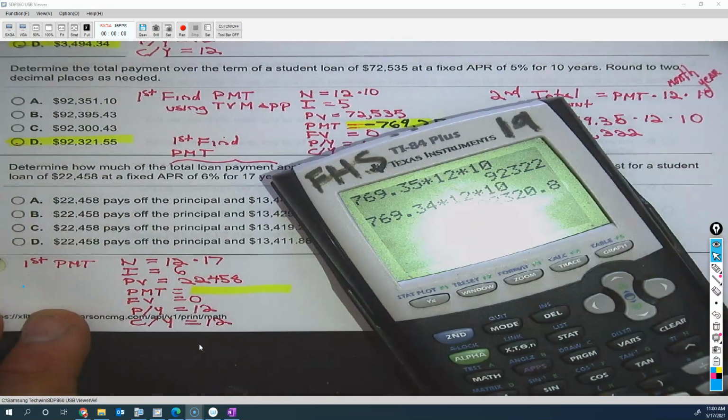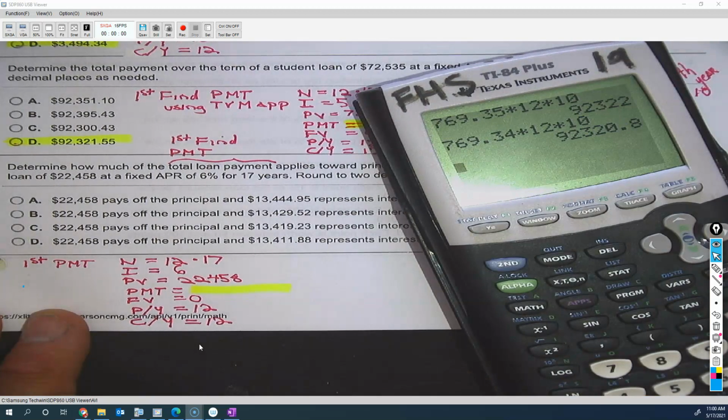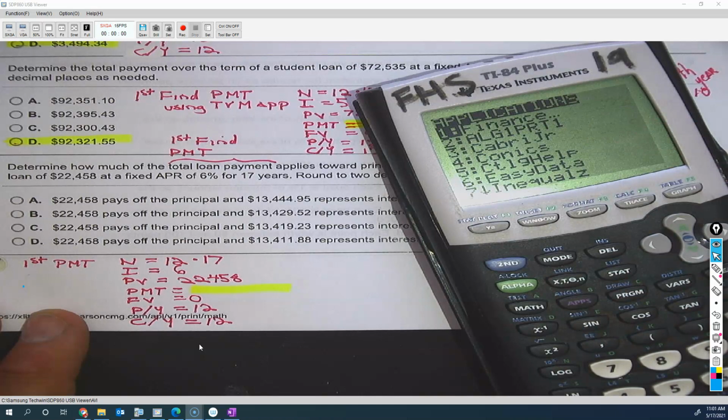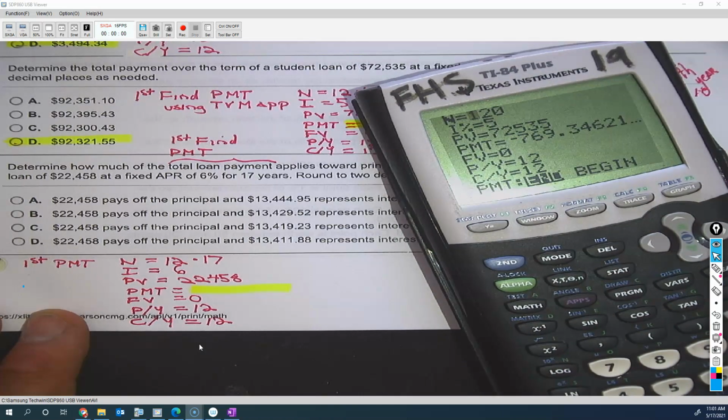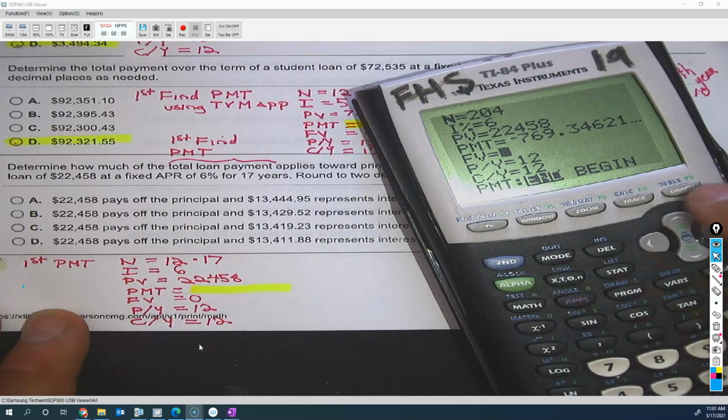So let's see. Twelve times 17. 6. 224,58. Alpha.